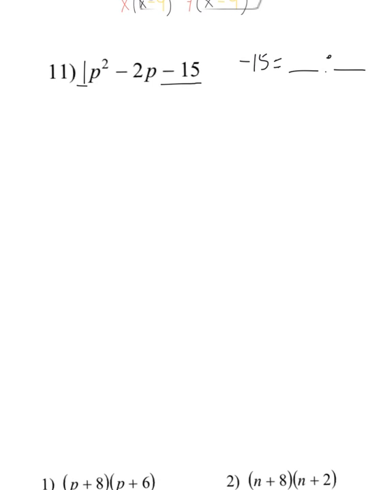And then we're going to take the coefficient of the middle term, which is negative 2, and we want the same two numbers to add to get negative 2. So you can figure out, okay, what two numbers multiply to get 15. We have 1 times 15, 3 times 5. Those are all the factors of 15. You can play around to see which ones also add to get negative 2.